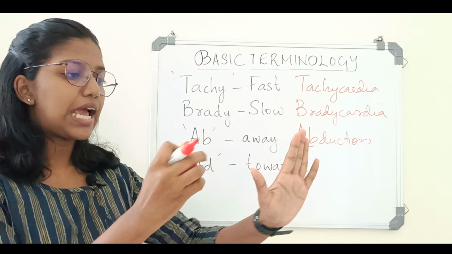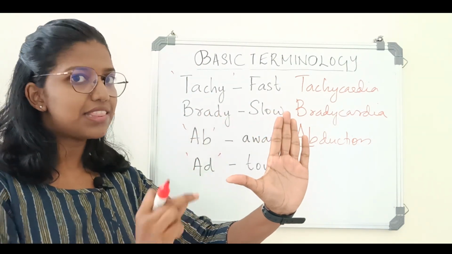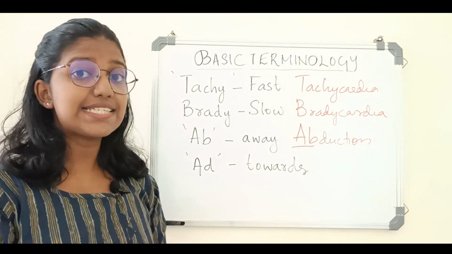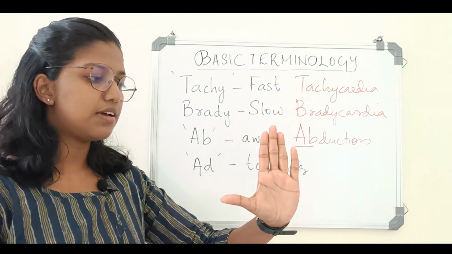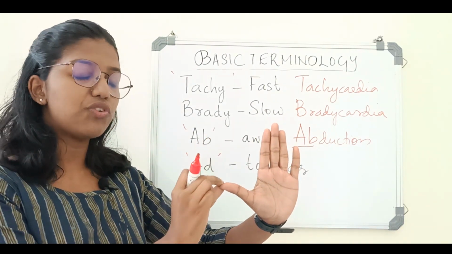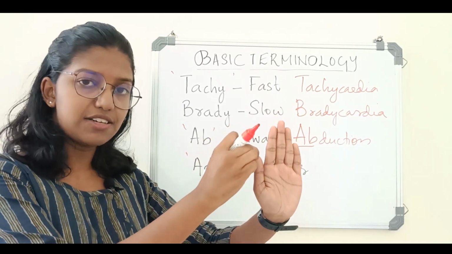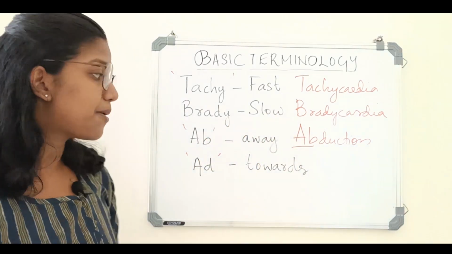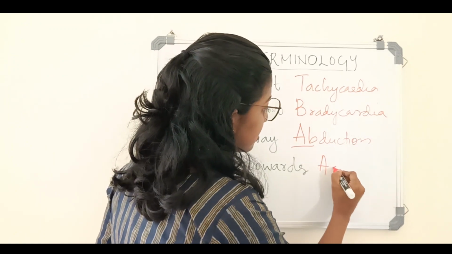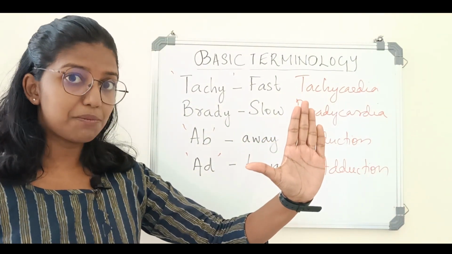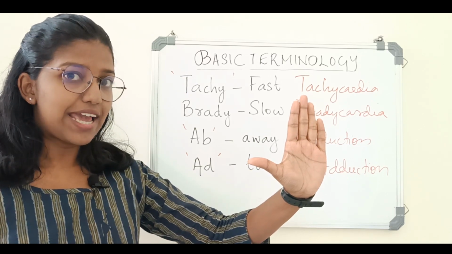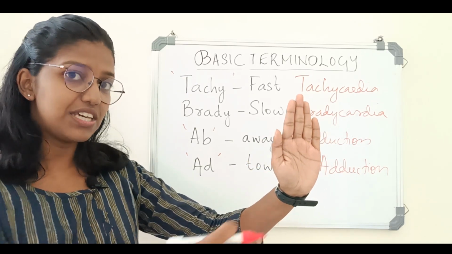So, I am abducting my thumb. Whereas, if I need my thumb to come closer to the other fingers, like this, I can call the process adduction. See, now I am abducting my thumb, and now I am adducting my thumb to the other fingers.